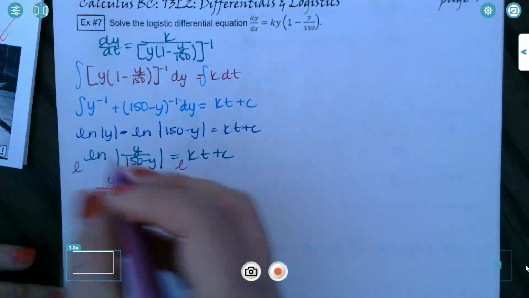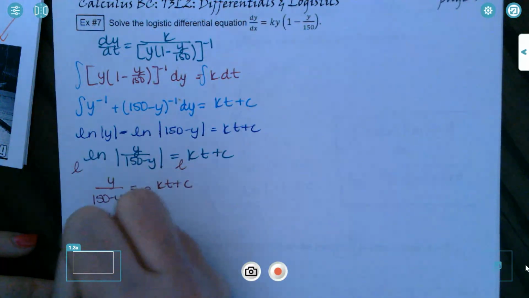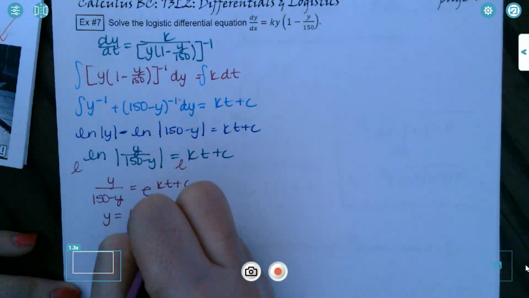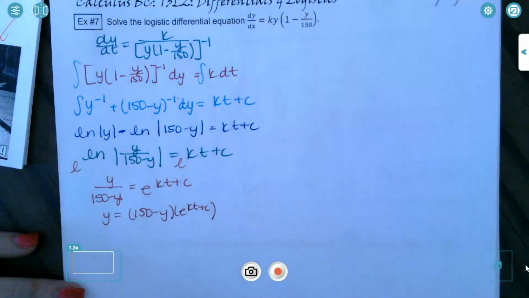Okay, so now I'll solve for y. Basically, this is going to jump over here, and we're going to have that y equals 150 minus y times e to the kt plus c. All right, so there's our formula for that.